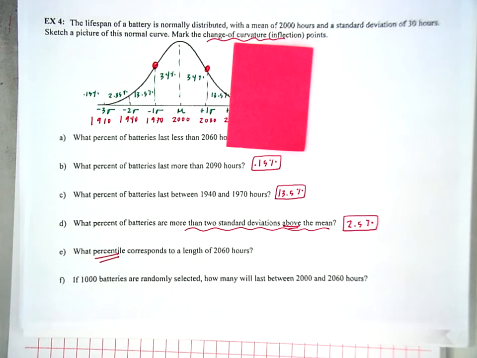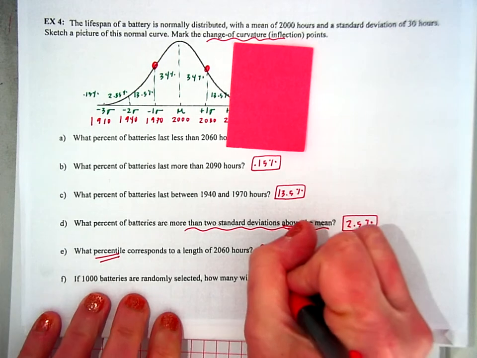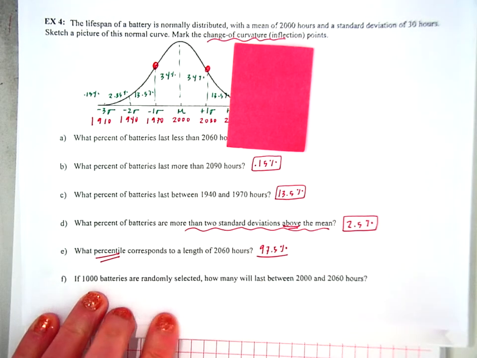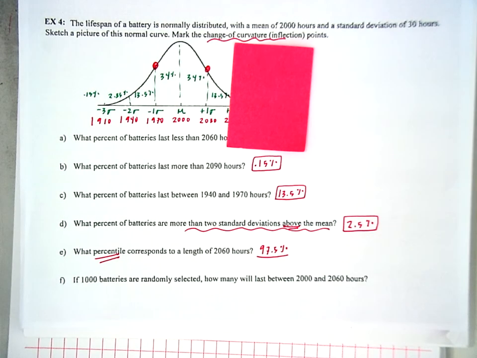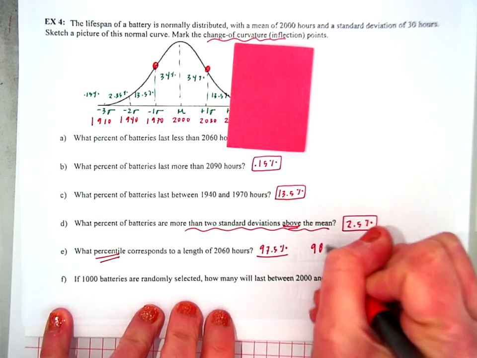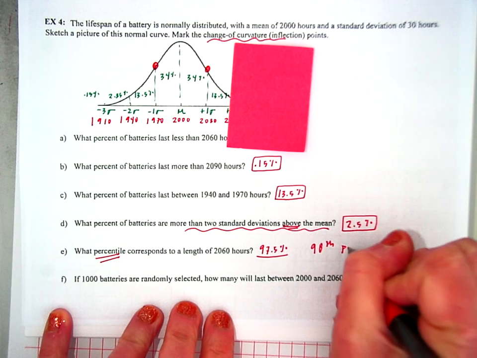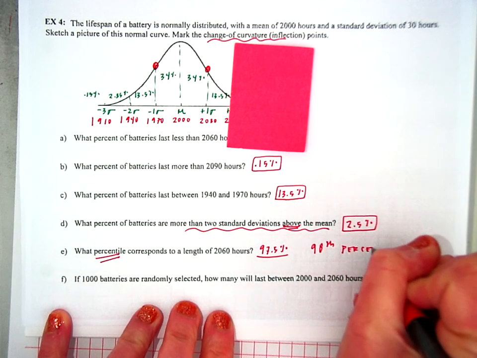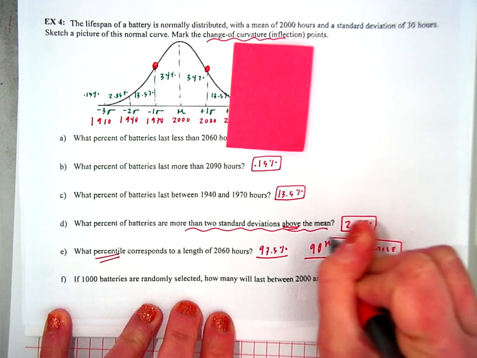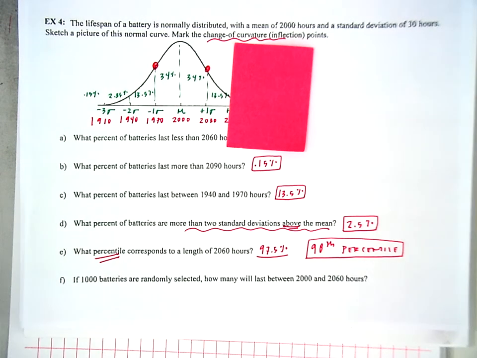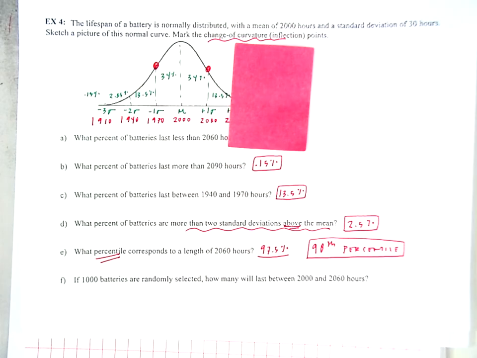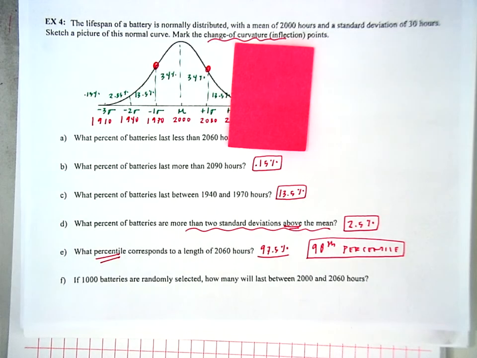If I add that up, it looks like it's 97.5%. But when we're talking about a percentile, we always round to the nearest whole number. So I would say that would be the 98th percentile. So about 98% of batteries live to be 2,060 hours or less, right?